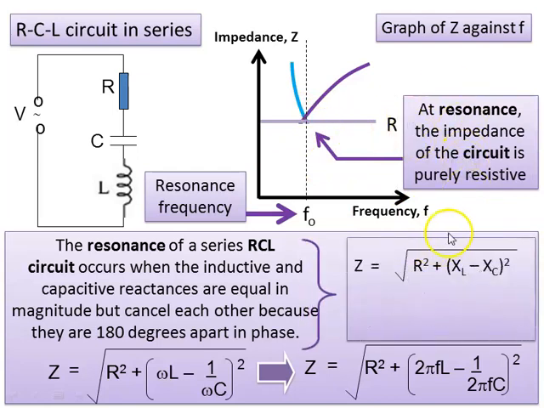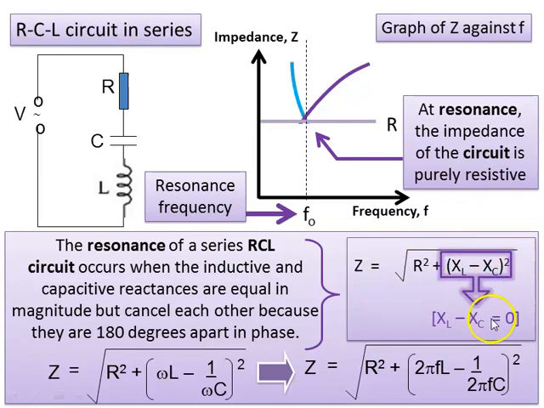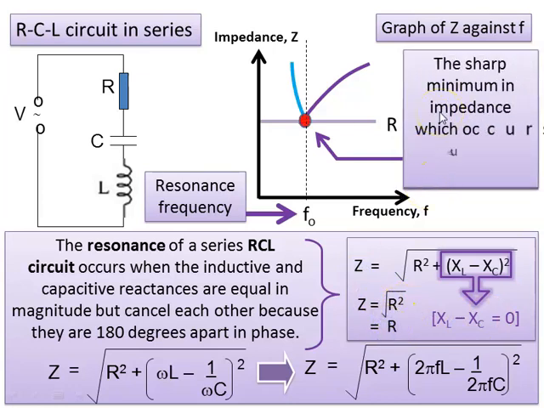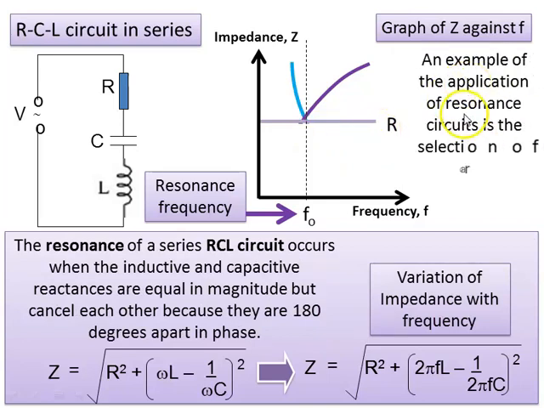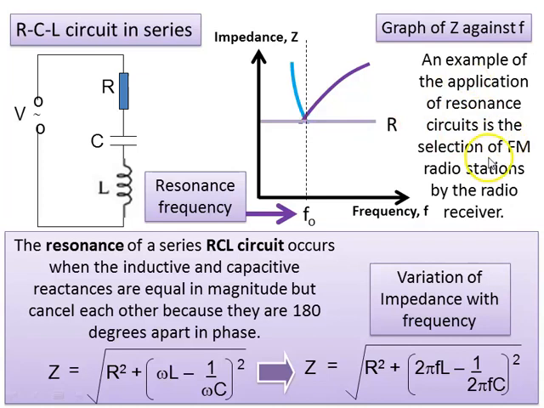So why is it purely resistive? We can refer to this equation, when the inductive and capacitive reactances are equal in magnitude. So that means XL minus XC equals 0, leaving Z equals square root of R squared, and Z equals R. So the sharp minimum in impedance is useful in tuning applications. For example, the application of resonance circuits is the selection of FM radio stations by the radio receiver.